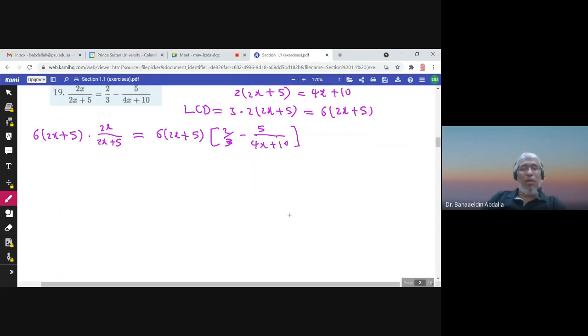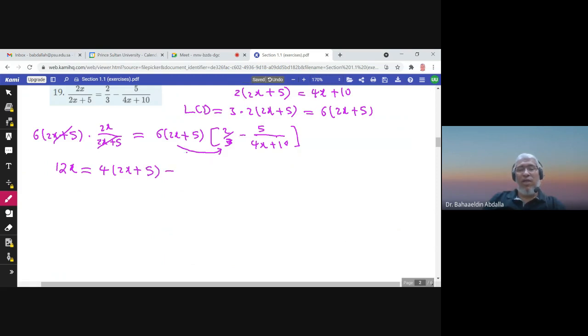Okay, now here 2x plus 5 cancels with 2x plus 5, and I'll have 6 times 2, which is 12x. Here, when you multiply this times this, 6 times 3 over 3 is 2, 2 times 2 is 4, so I'll have 4 times 2x plus 5, and then minus.